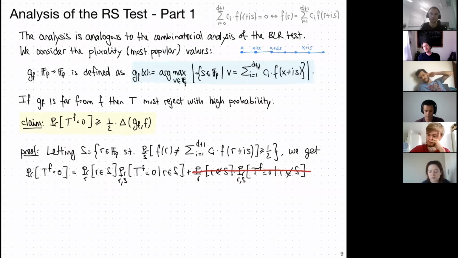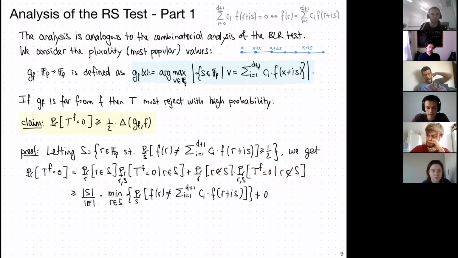We'll lose a little bit, but we're fine with that. And then we're just focusing on that setting. So we know that the probability of being in S is just the size of S versus the size of the field, just because we're using the language of probability to count.